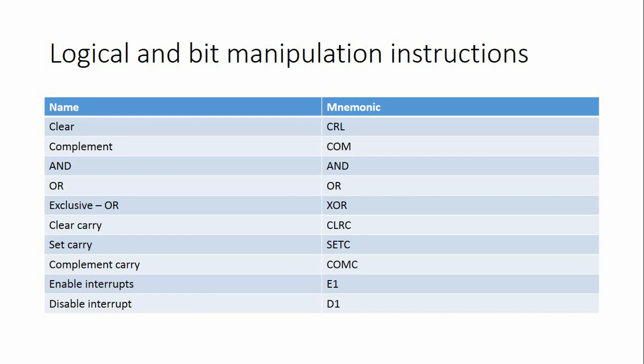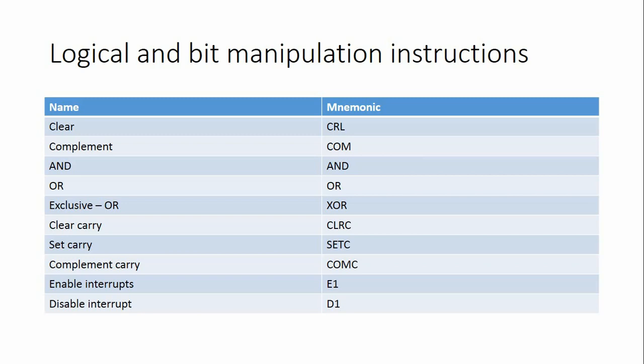These instructions consider each bit of the operand separately and treat it as a Boolean variable. These are clear, complement, AND, OR, exclusive OR, clear carry, set carry, complement carry, enable interrupts, and disable interrupts.